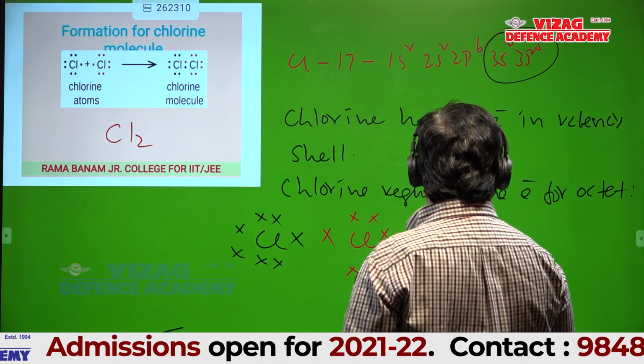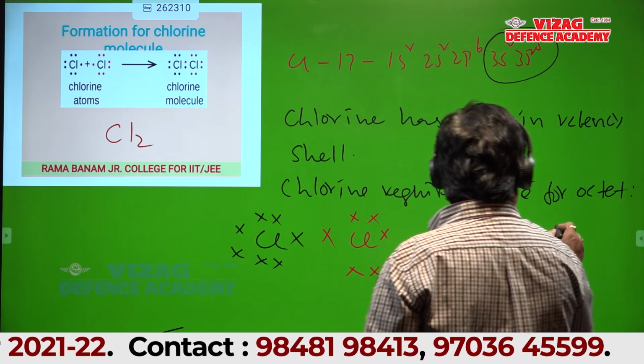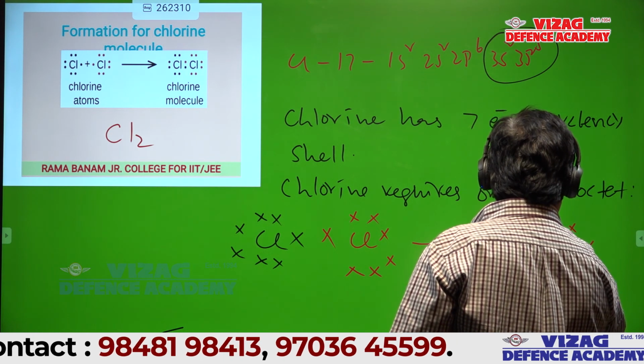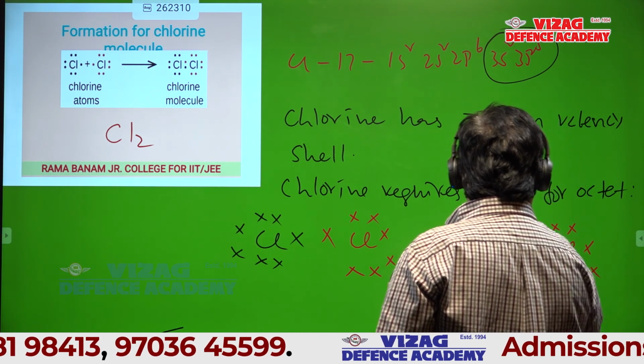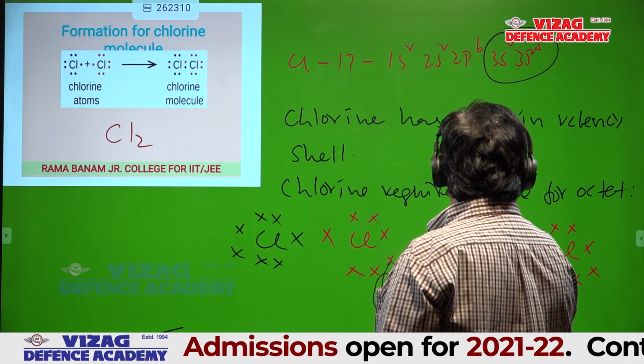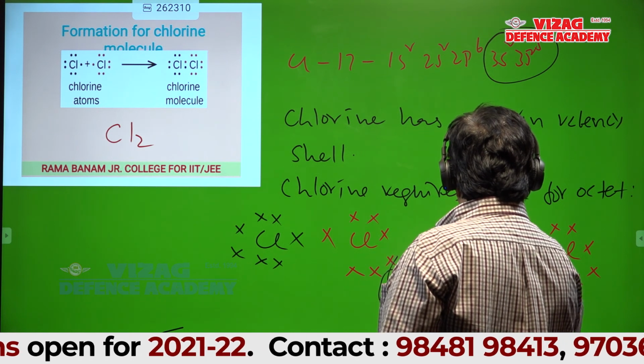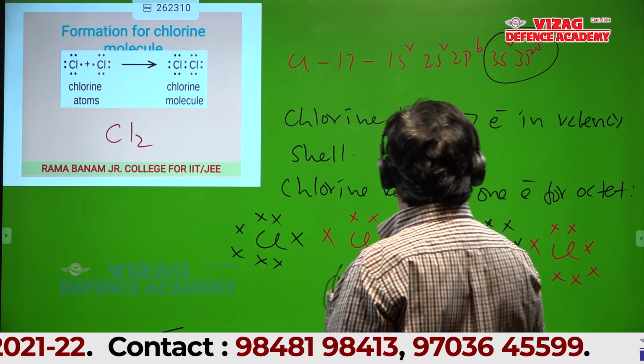These are the electrons of one chlorine, contributing 1 electron. These are the electrons of the second chlorine, contributing 1 electron.